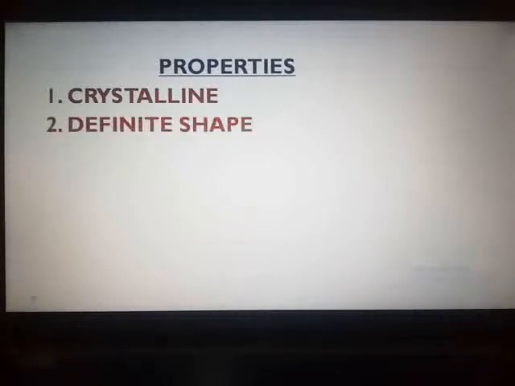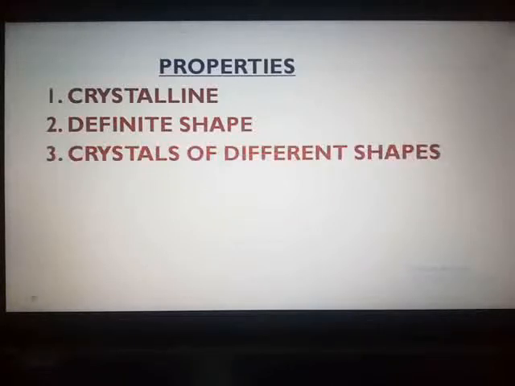Here, after definite shape, the regular arrangement of ions in the solid ionic compounds is mainly responsible for the crystalline nature. Now, the arrangement of the positively and negatively charged ions is different in different ionic compounds, and the shapes of their crystals are also different.